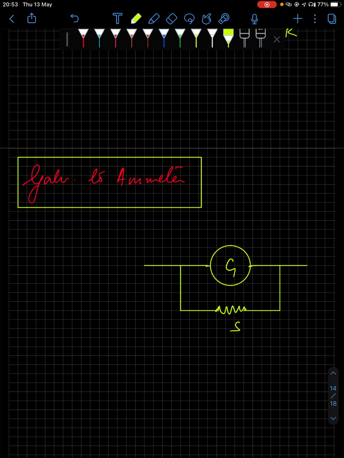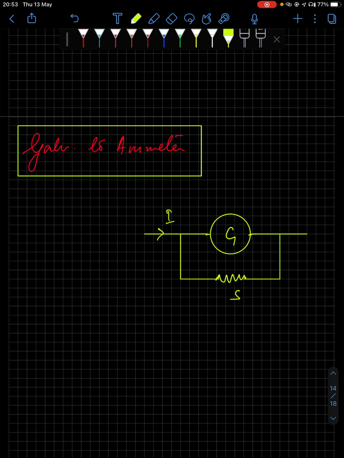So this shunt is S. Now the total current I which is entering this setup is distributed as Ig and I minus Ig. So this entire setup is now the ammeter. This has become the ammeter.